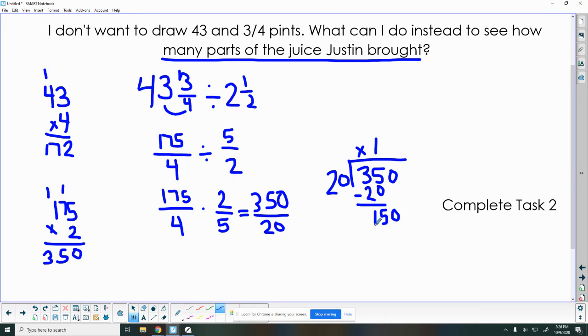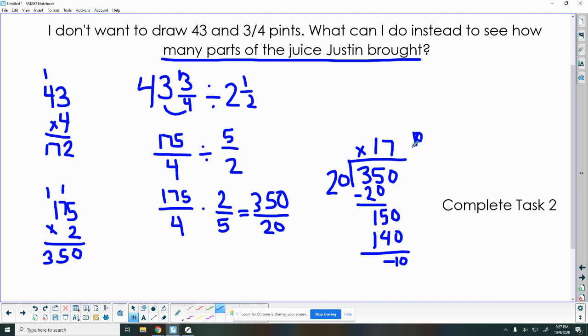So I'm counting my 20s to get to 150. So 20, 40, 60, 80, 100, 120, 140, 160. Oh, that's too big. So take that one back. It goes in there 7 times. 7 times 20 was 140 with 10 left over.